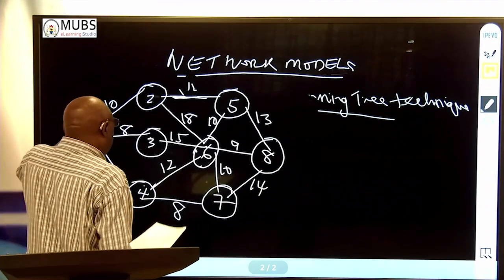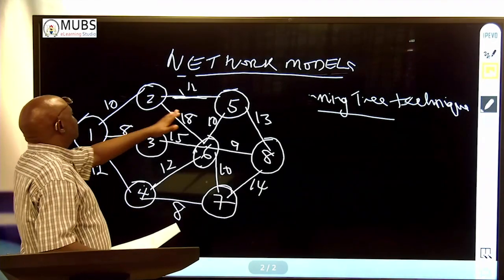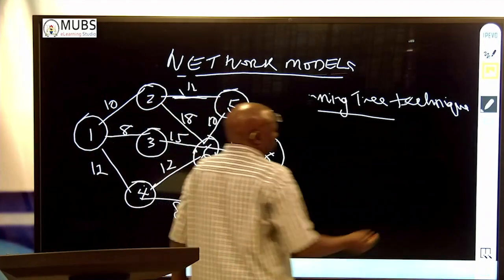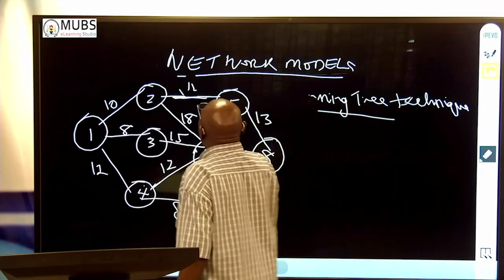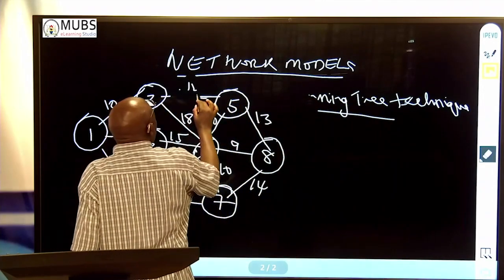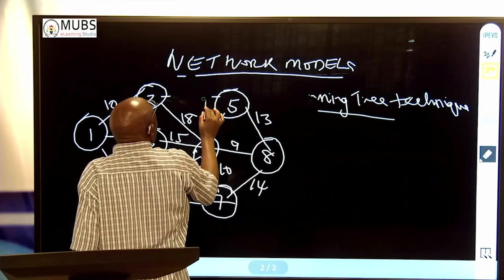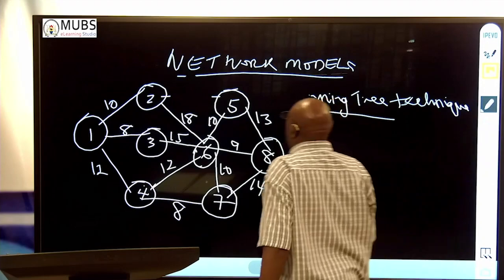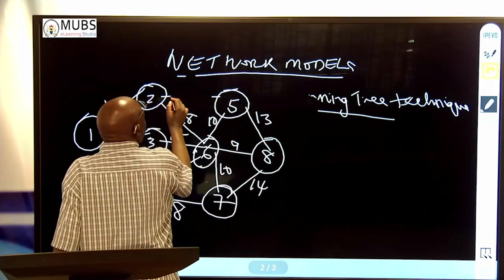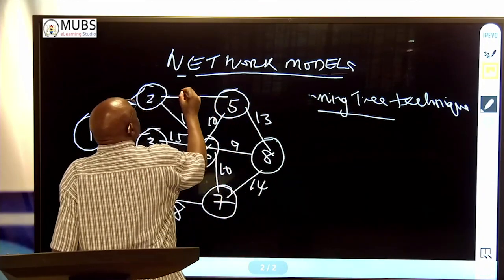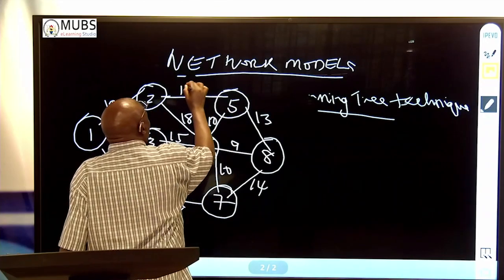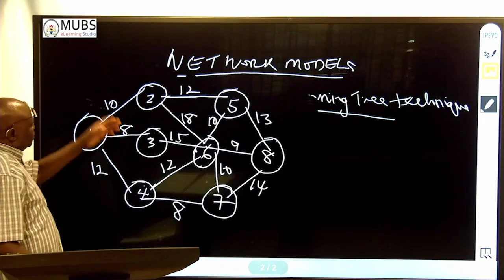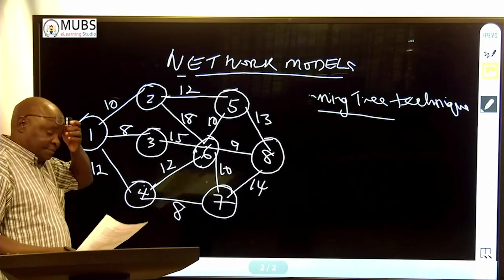So there are 8 houses, and these are the distances between them.